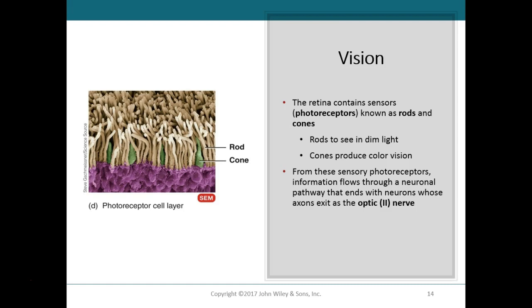Now these photoreceptors, of course, are receptors, just like we've seen in other areas of the body, and they are going to be stimulated by those light rays coming in. They are then going to stimulate other nerve cells in a neuronal pathway that ends with neurons whose axons exit the eyeball as the optic nerve in that pathway to the brain.